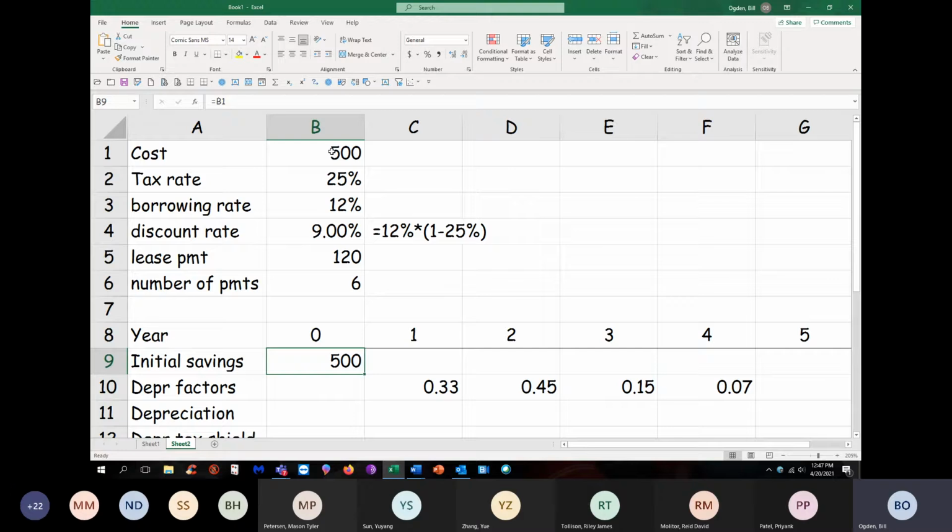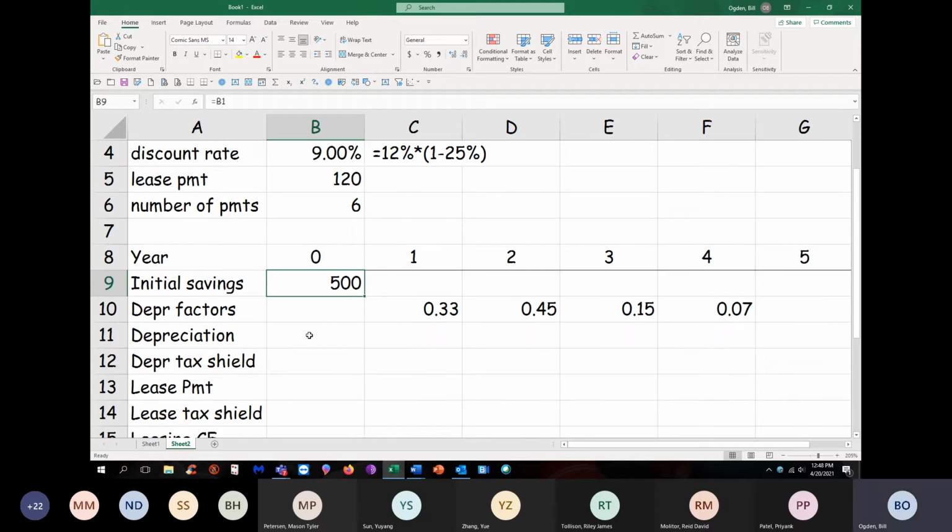You will not be depreciating the asset. Alternatively, if you had purchased it, you would have ownership and you would have the tax shields.